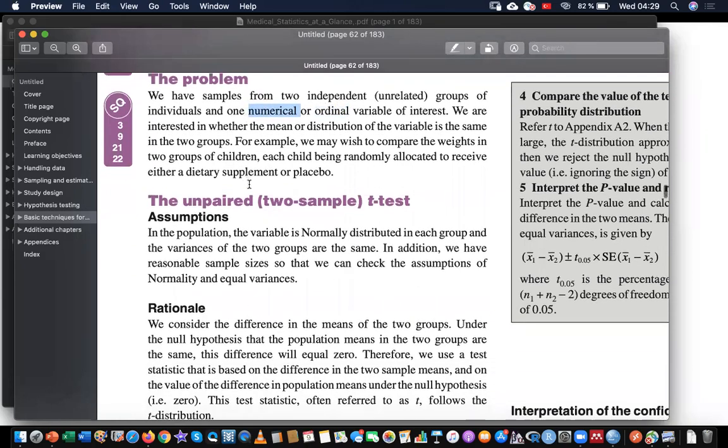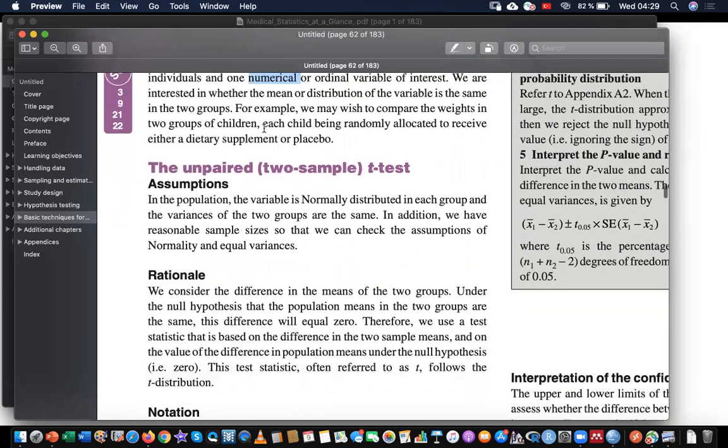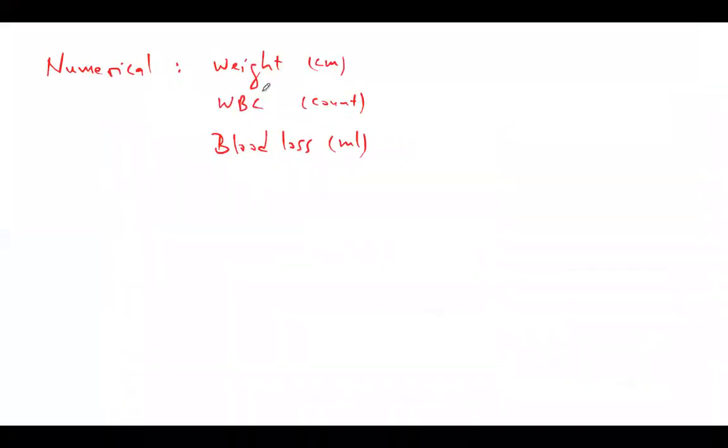What is the example in the book here? We wish to compare the weights in two groups of children. So here we want to compare the weight of males and females, or of a group receiving treatment 1 and the other group receiving treatment 2.